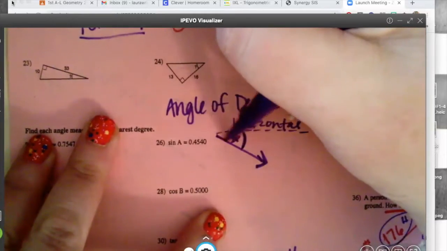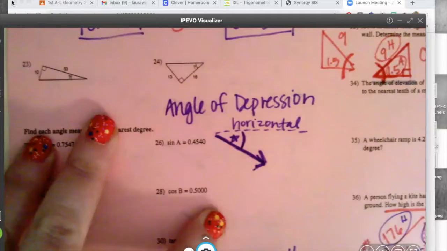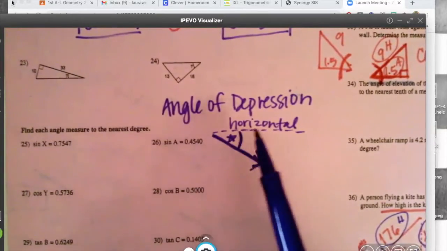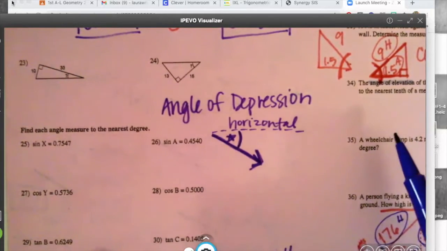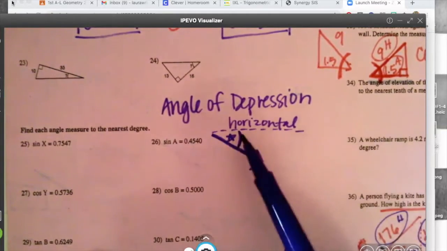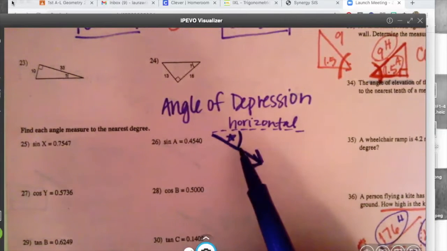That is your angle of depression. It's from this horizontal line down. So in the case of that first problem, you would have an airplane. Well, hopefully once it's up in the air, it's going to fly at a pretty consistent altitude, right? It's not going to be roller coastering up in the clouds, hopefully. So your angle of depression goes from the flight line of the plane down.